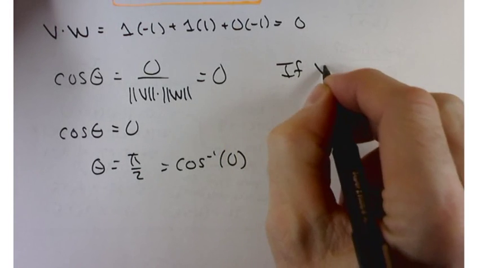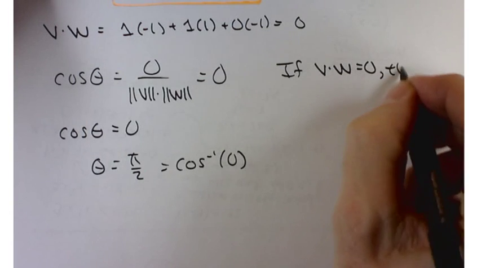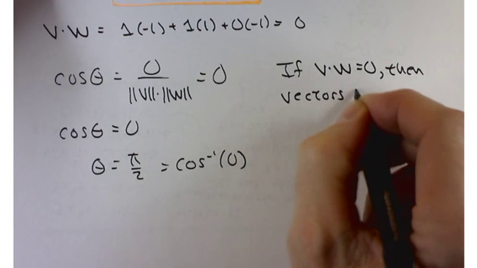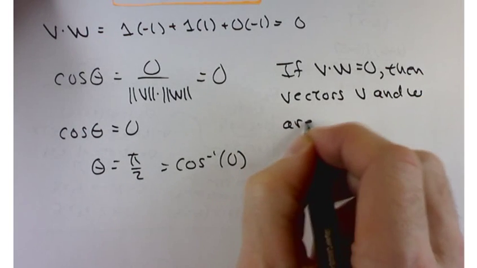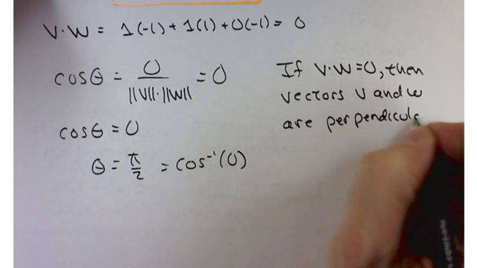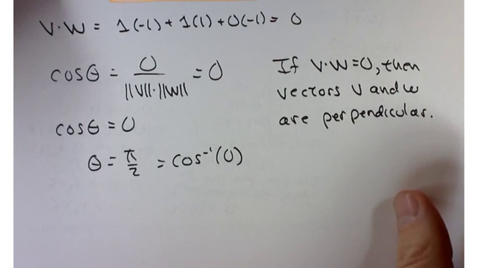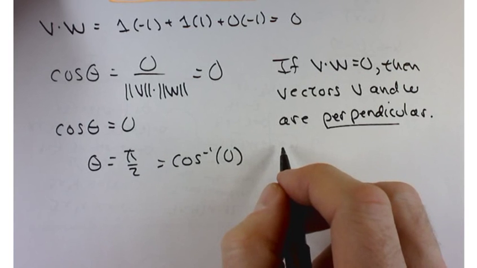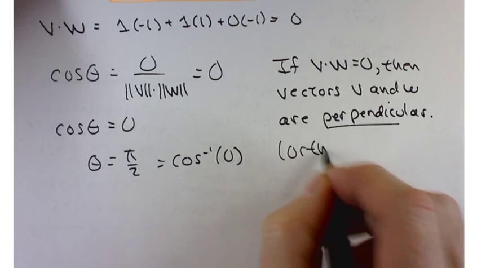If v dot w equals 0, then vectors v and w are perpendicular. Perpendicular, yeah. A little bit too long of a word, which is why mathematicians also use a different word. Does everyone remember it? Orthogonal. Yeah, well done.